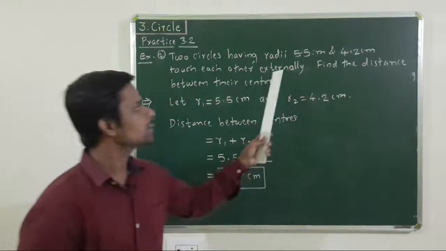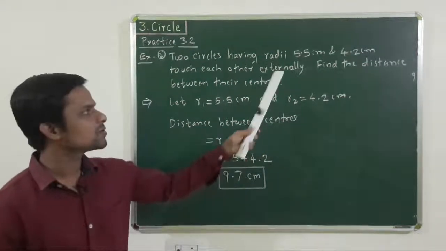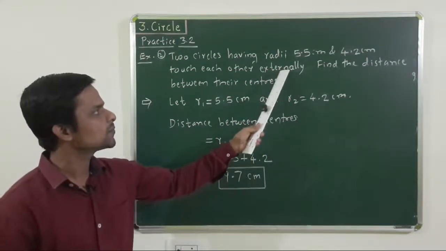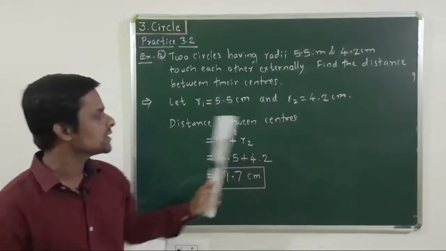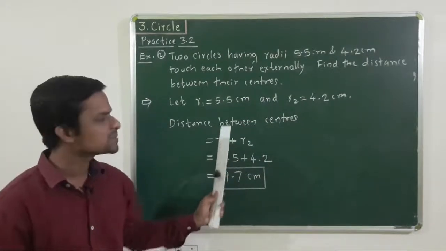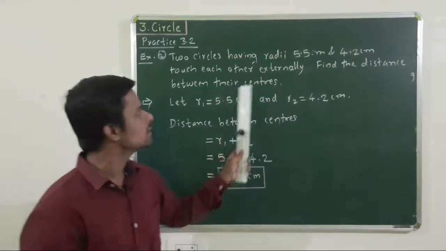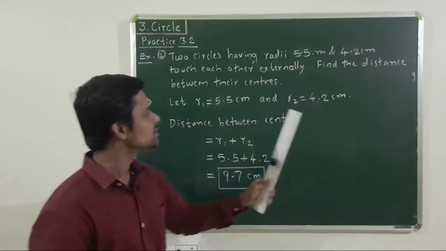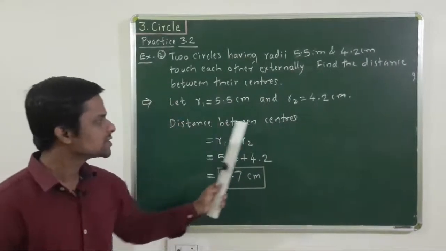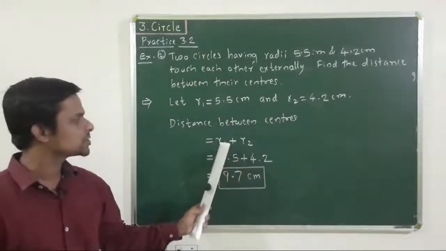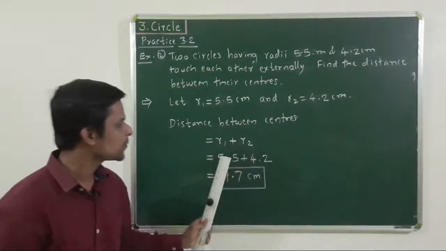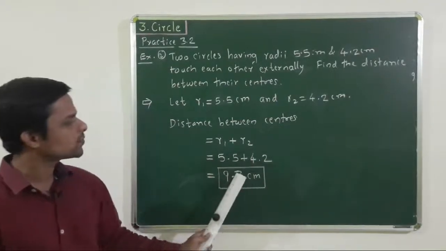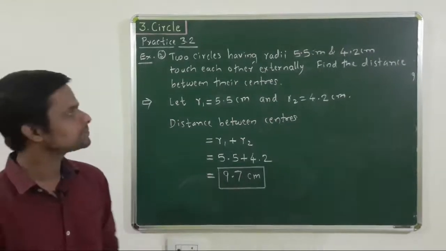These two words are important. In the previous example it was internally touching circles, therefore the distance between their centers was the difference, that is bigger radius minus smaller radius. Now here these two circles are externally touching circles, therefore the distance between their centers is simply addition, that is R1 plus R2, that is 5.5 plus 4.2, that is 9.7 centimeter.